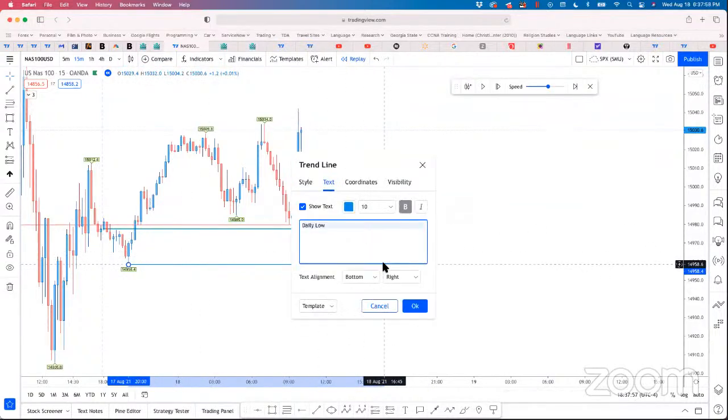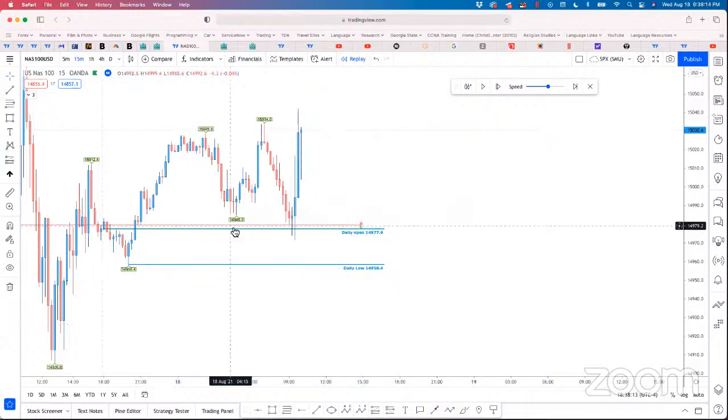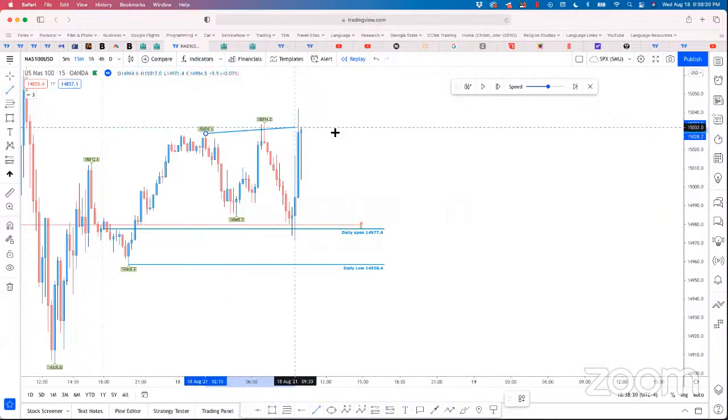The daily low was at 14,958.4. We had the daily high at 10 o'clock. The original highs, we'll focus on these two highs first, because at the time of us trading, these are the highs that are important. This high is the most important one.